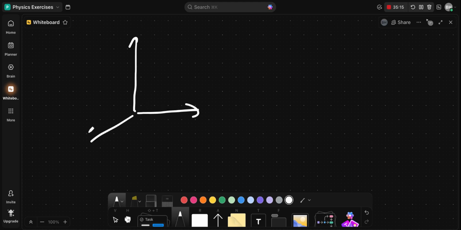coordinate system again: x, y, z. And I have that's a radial unit vector, let's say. The theta unit vector goes this way.